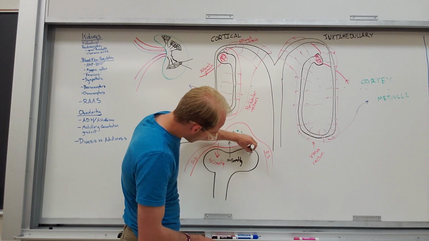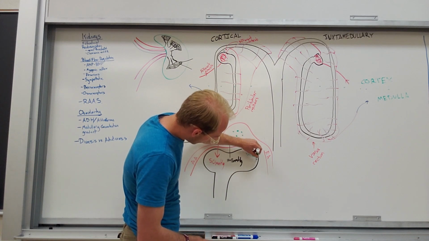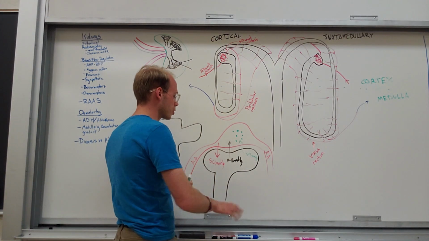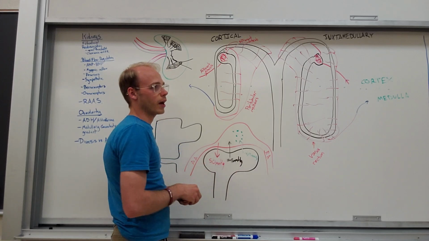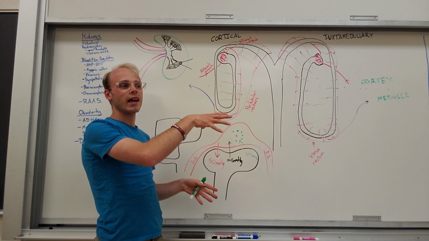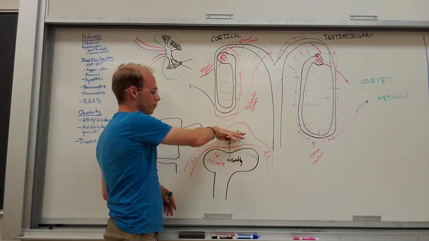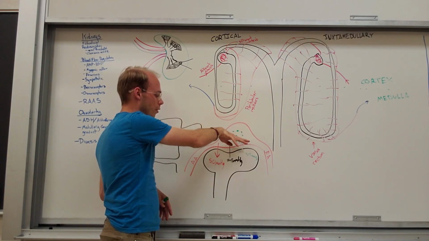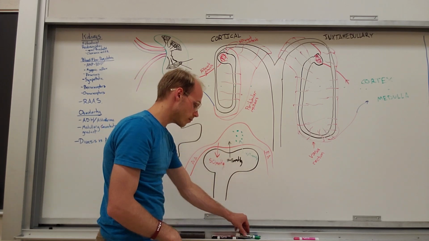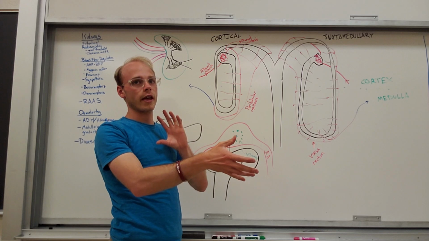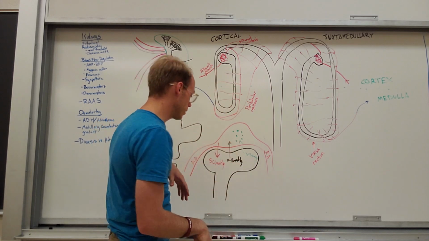And this one's going to be around 30 millimeters of mercury. So if you add all this up, you will end up getting a net pressure of about 5 to 10 millimeters of mercury force pulling stuff into the corpuscle. Right. So those are the pressures involved in pulling things out of the blood into the nephron.